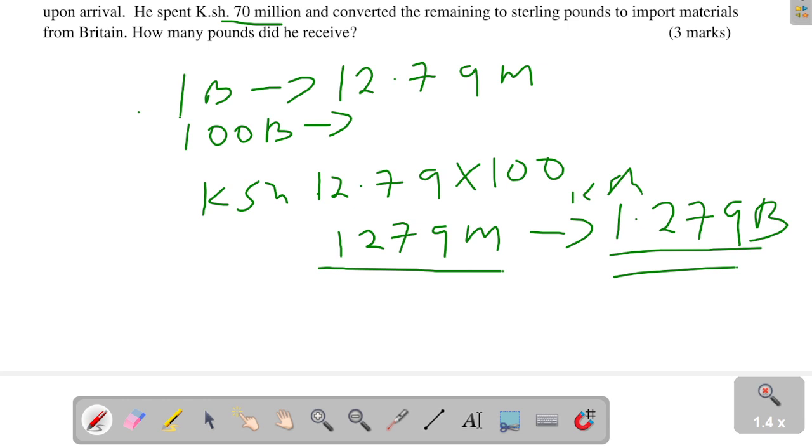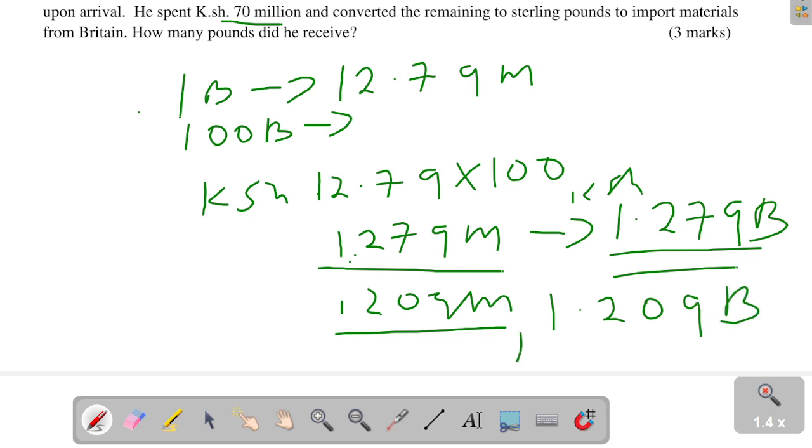If someone has 1,279 million, then you spend 70 million, he is going to remain with 1,209 million, basically the same as 1.209 billion Kenyan shillings. That is what the investor remained with after spending 70 million in Kenya.